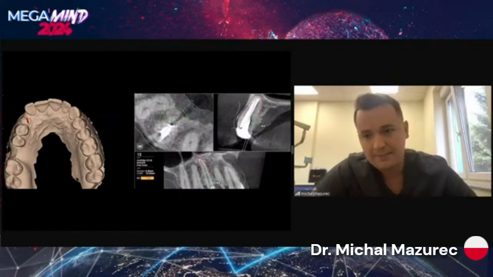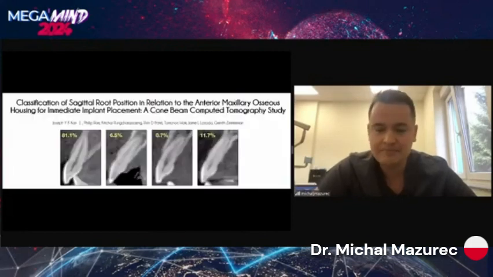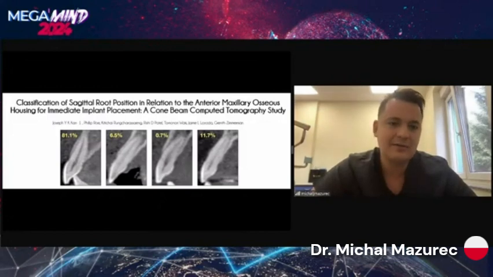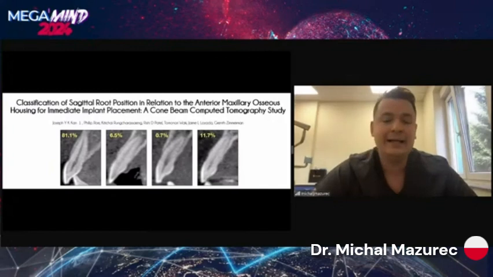Coming to the background of the planning in R2 Gate, especially for this kind of difficult aesthetic zone case, we have a classification of sagittal root position in relation to the anterior maxilla. In the case of implant placement, we have a classification of what kind of connection between bone and the teeth we have. In this case, it is Class 1, from Jeff Kahn.